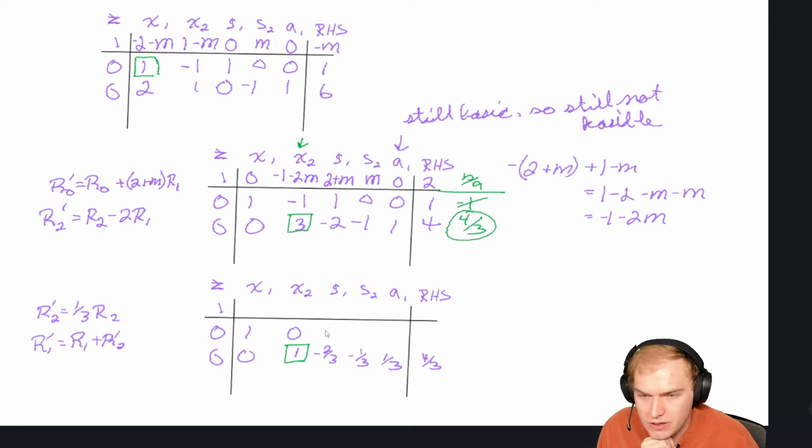One minus 2/3 is 1/3. Negative 1/3 and 1/3. 1 plus 4/3 is 7/3.